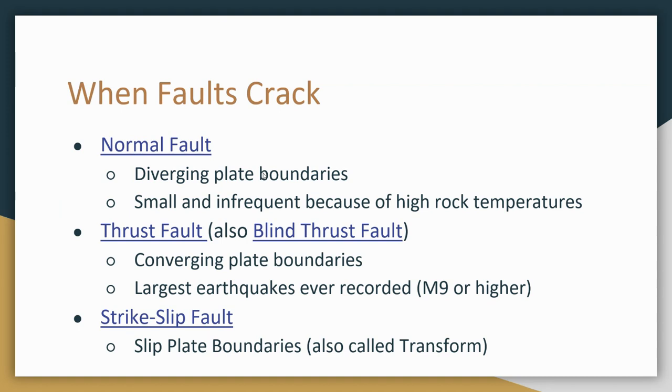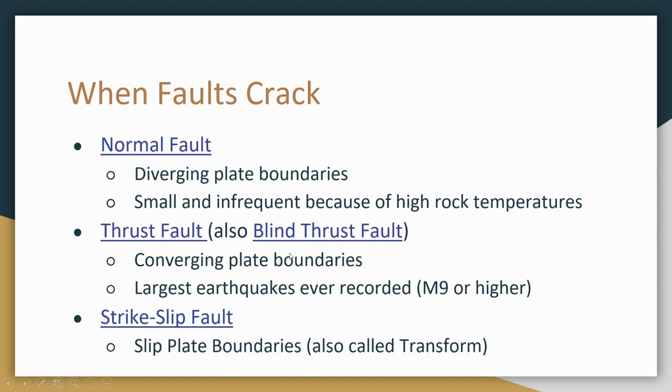Because it's hot, that rock is more plastic and isn't going to crack and break really easily. It's more moldable. So you have small and infrequent earthquakes at diverging plate boundaries.